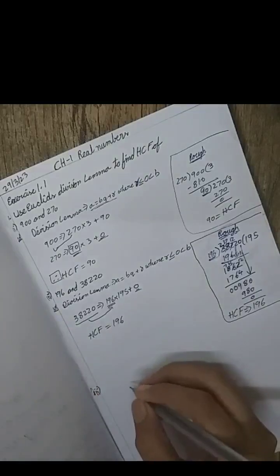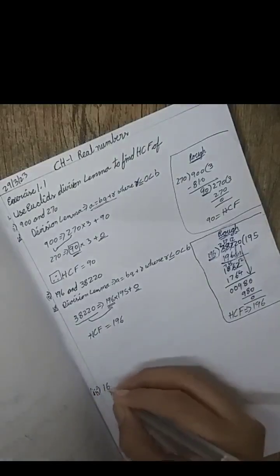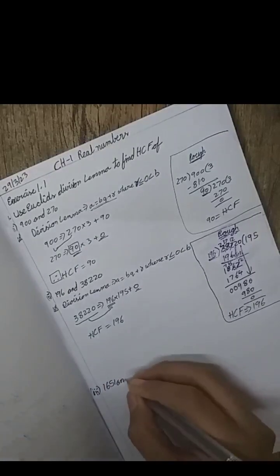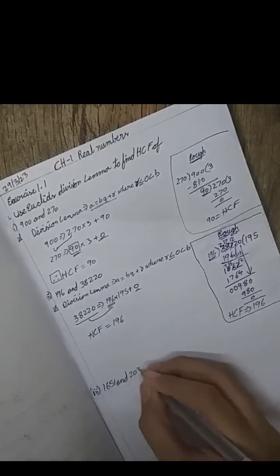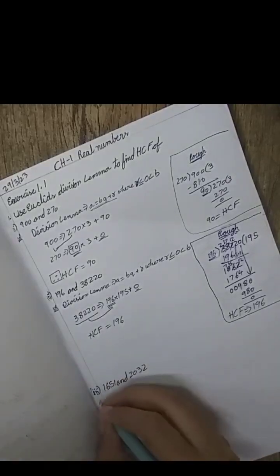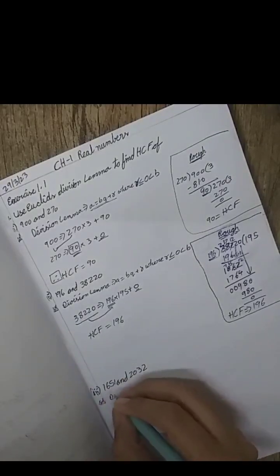The third sum in the first problem is 1651 and 2032. First of all, we need to take the division lemma.